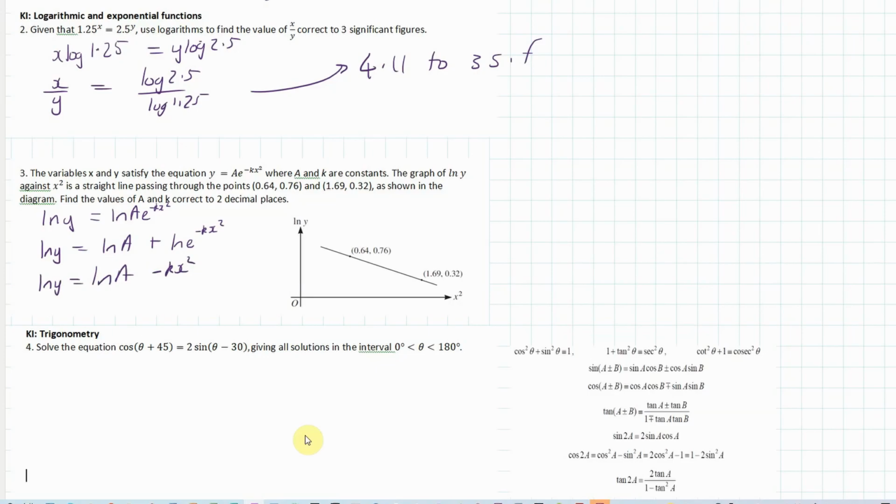Okay? Right. Now, what do I know? Well, I'm plotting ln y against the x squared values. And I know that the value of k is equal to the gradient.